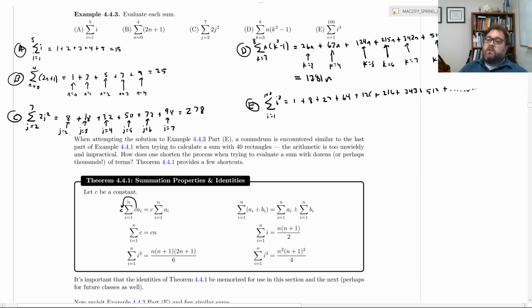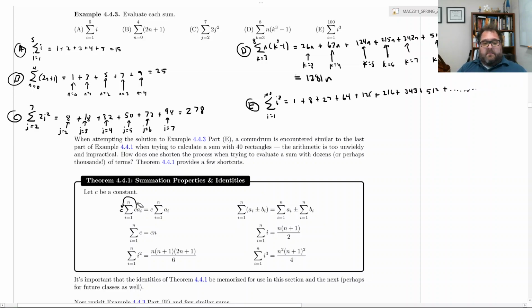Now that should make a whole lot of sense. Just because, hey, we had that same property with limits, with derivatives, with antiderivatives. And now we have that same property with summations. We can call it the constant multiple rule for summations.